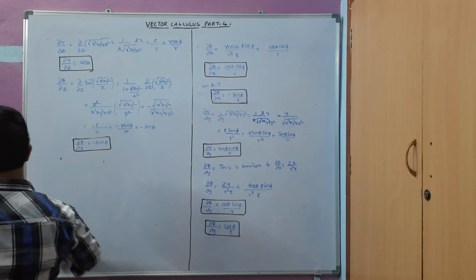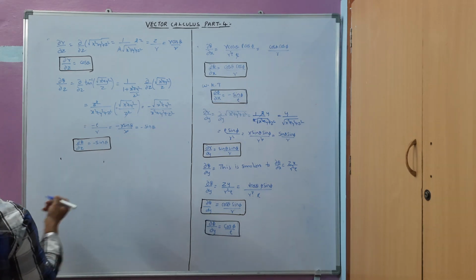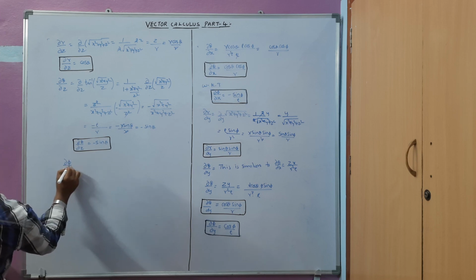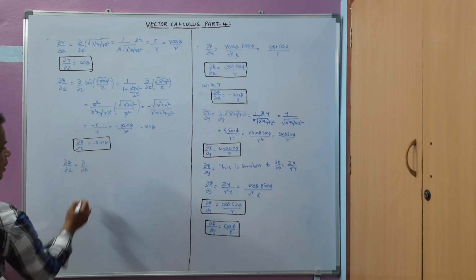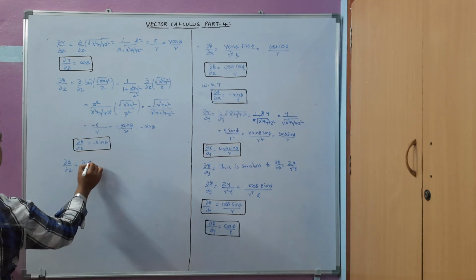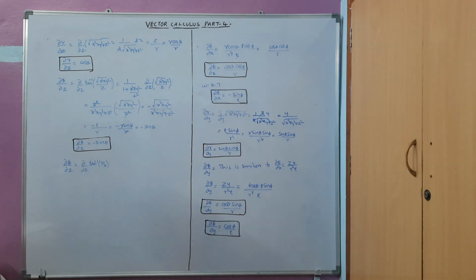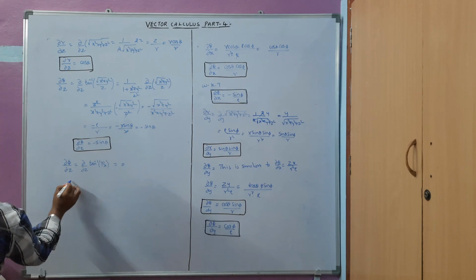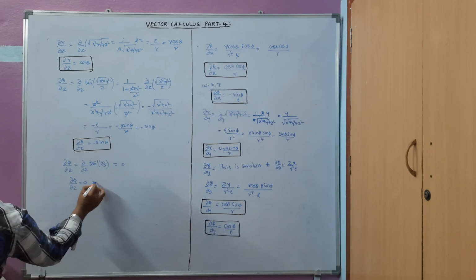Dou by dou z of phi, which is tan inverse of y by x. We don't have any term related to z here, so I can keep it as 0. That is, dou phi by dou z will be equal to 0.